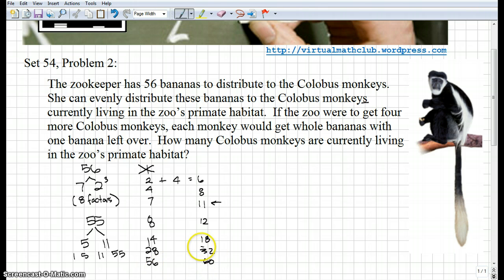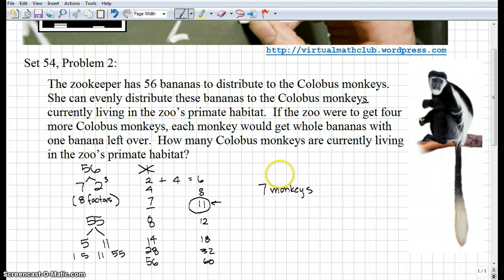Now, the only one that works, so that the number of monkeys plus 4 is a factor of 55, is this one here, where we have 11 monkeys when we add 4. That means that the original number of monkeys has to be 7. So we have 7 monkeys originally, and they each got 8 bananas.